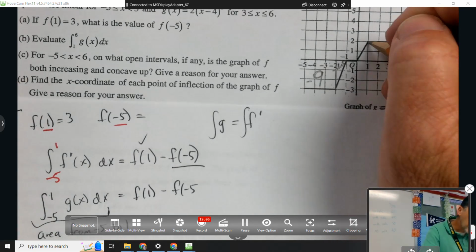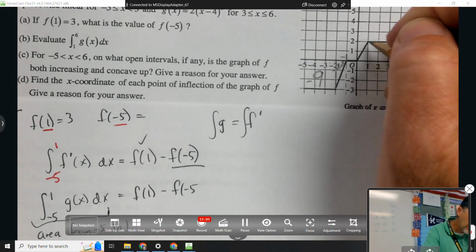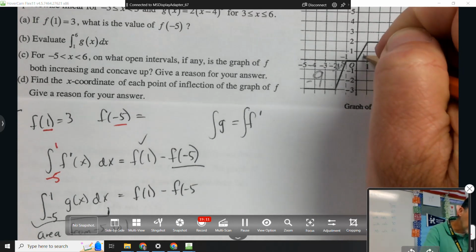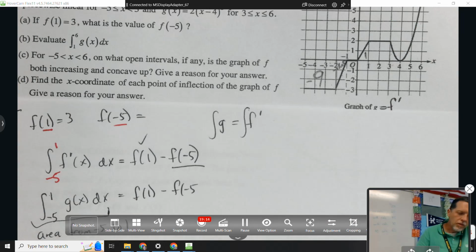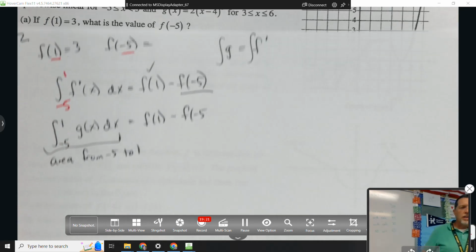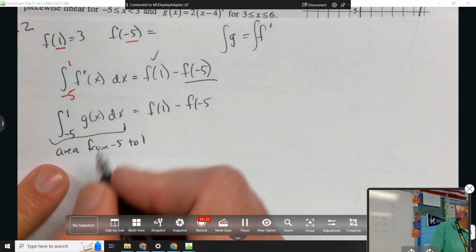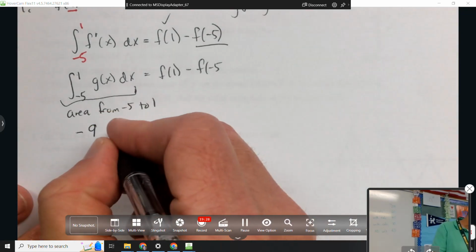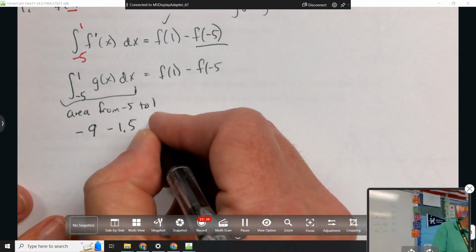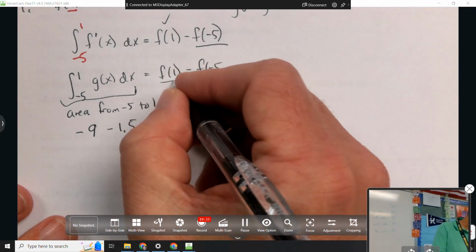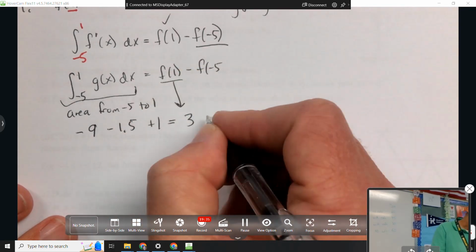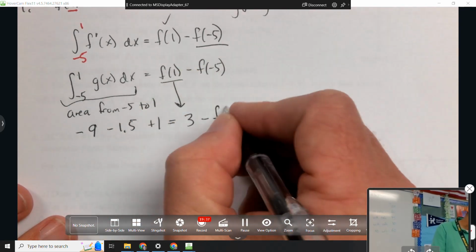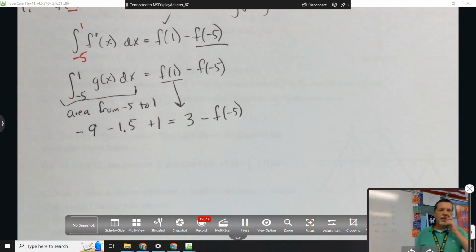And then from 0 to 1, and that's where I can stop, another triangle of 1. So my integral from negative 5 to 1, the area under the curve from negative 5 to 1, is negative 9 minus 1.5 plus 1. And that equals 3 minus f of negative 5.